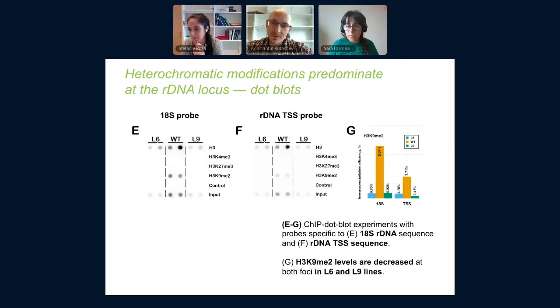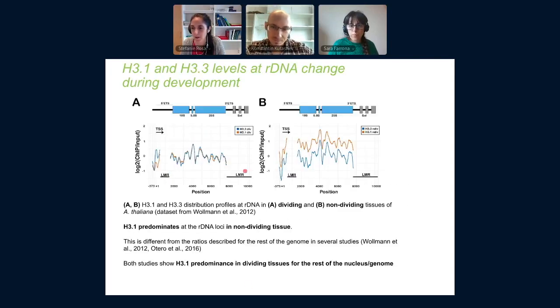For example, we also analyzed low copy lines, and it appears that all the rDNA repeats within these low copy lines are active. So here we are focusing on the active ones. But in the case of the wild-type line, we are focusing on both active and inactive. So this data comes from both active and inactive repeats.